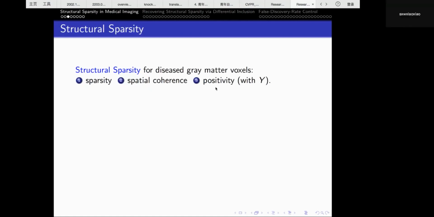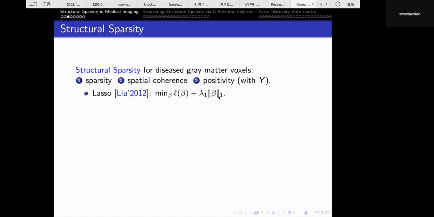And finally, because the disease-related gray matter voxels are generally atrophied, the more degree of atrophy, the higher probability for the patient to be diseased. So there is a positive correlation between disease-related features and the label.